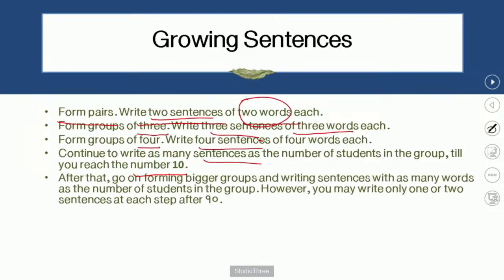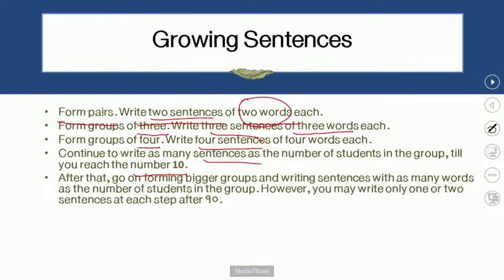After that, now going to bigger groups and writing sentences. You know that there are so many friends in your class along with you, and you have to write so many meaningful sentences. Bigger means 10 words, 11 words, more than 15 words, 20 words, whatever it may be.